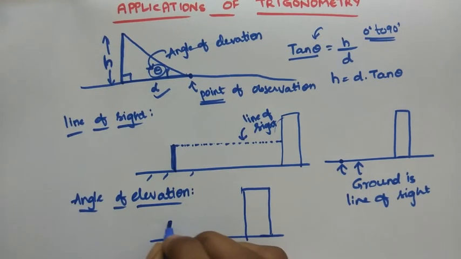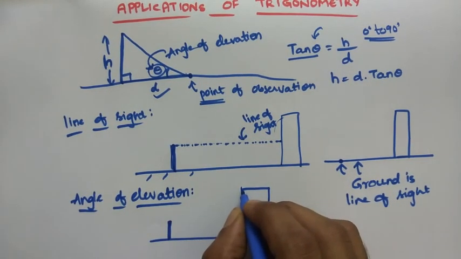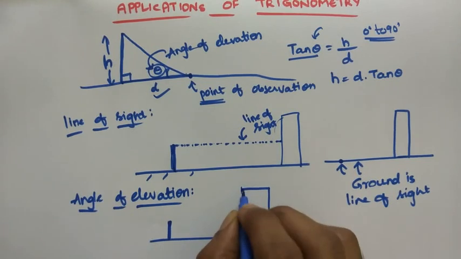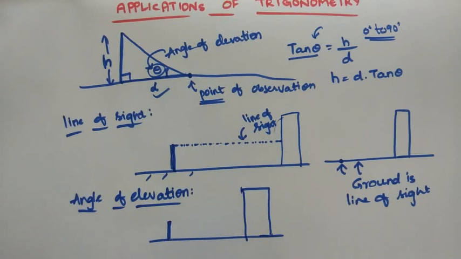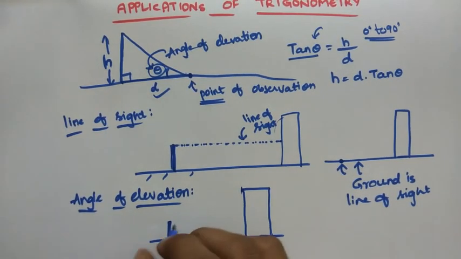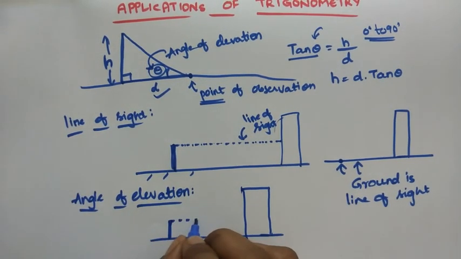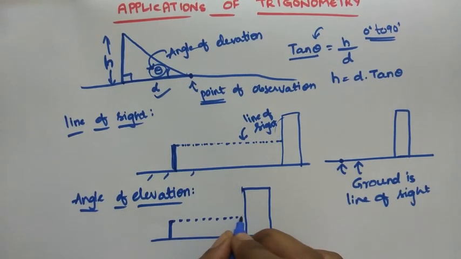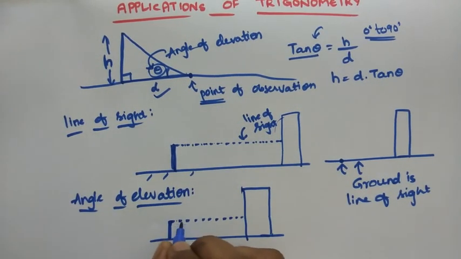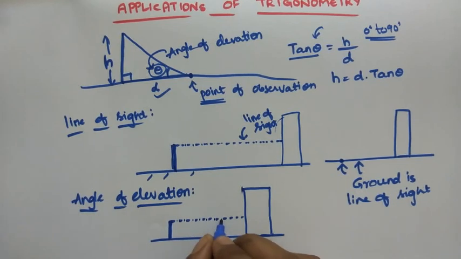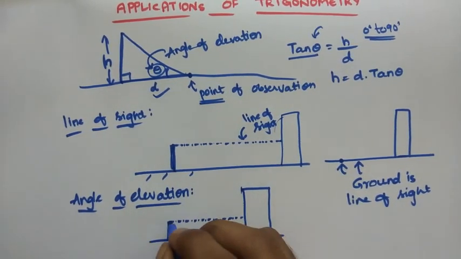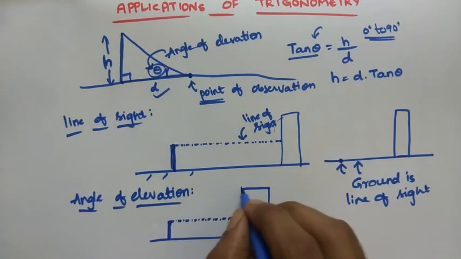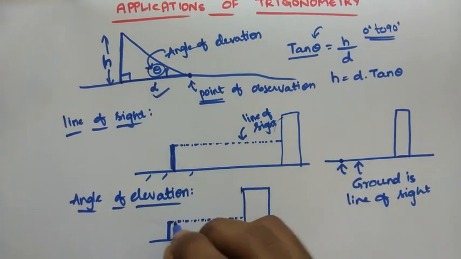So the person is watching the tip of the building, the top of the building or the tip of a tree, anything. Then the line of sight is here, right? If he sees in a straight way, this is the line traced, so this will be the line of sight. And to watch this point, he must raise his head, right?